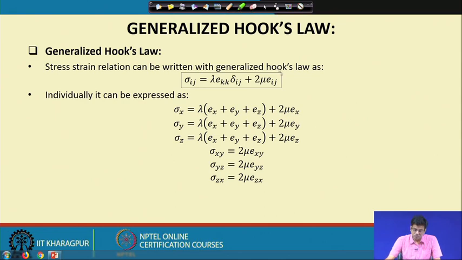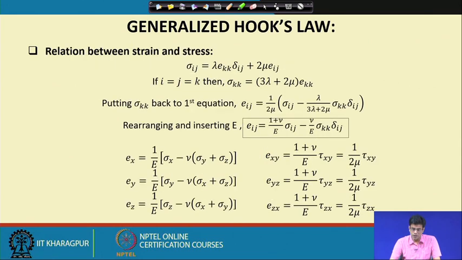Now, if we invert this relation, and there is a reason why we are doing it here, we will get another expression which relates strain to stress. After doing some calculation and inverting this relation, it looks like this.